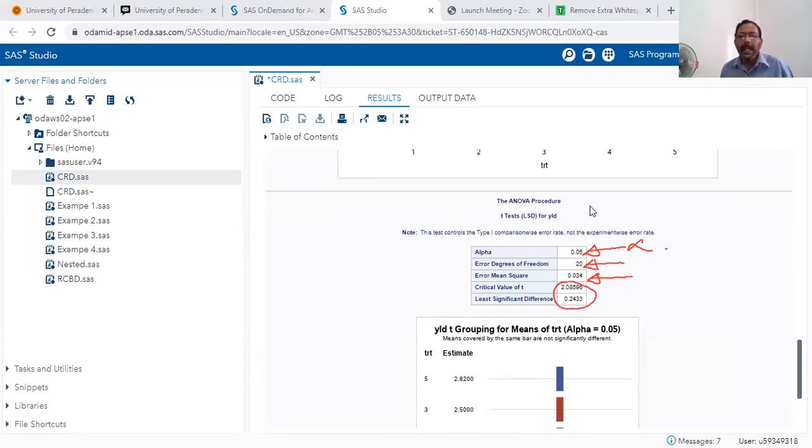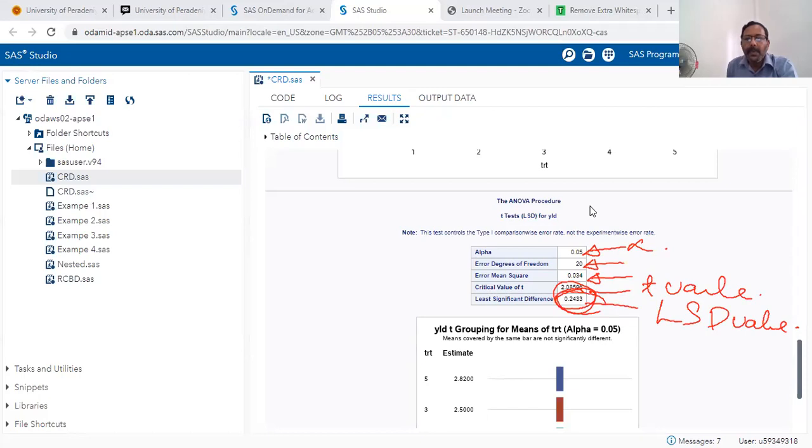This is the critical T value, the T table value, with the degrees of freedom. You will learn how to look at the T table. Then this is called the LSD value. You will learn how to calculate it.